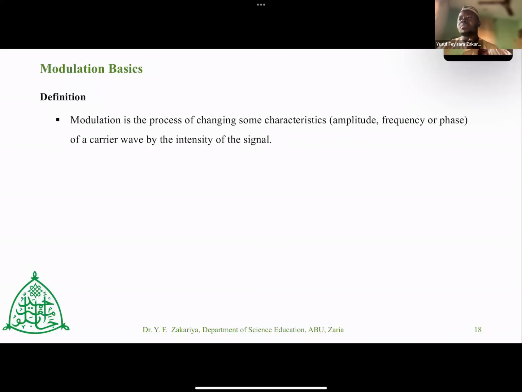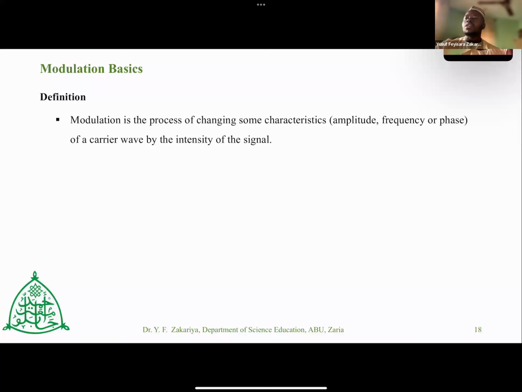So for you to receive information from me as I speak, it has gone through some processes before it gets to you. I speak to my mic here, while you hear from your speaker out there. So from myself to your side, it has gone through a lot of processes.